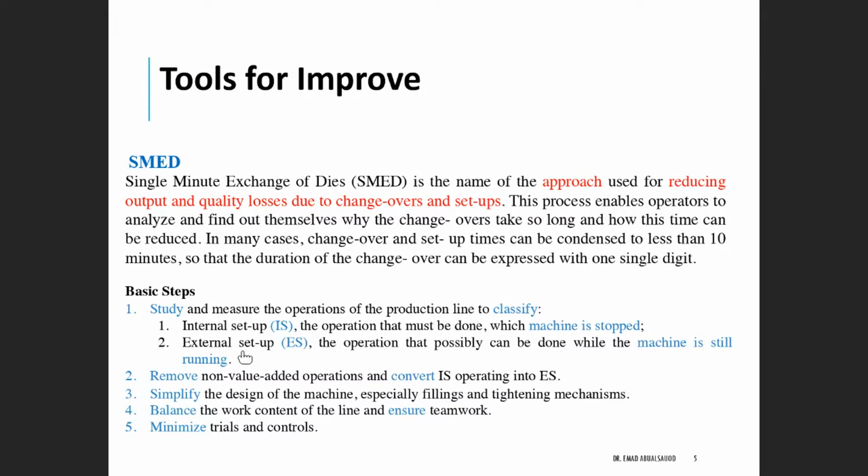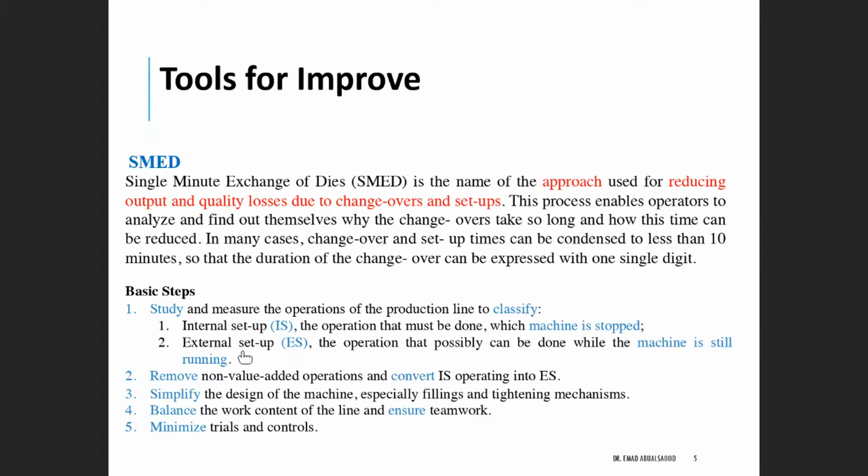The internal things, you have to do while you shut off the machine, you stop the production line, and you proceed to do them. The external, you can do while it's working. So if you think about it, a long internal setup will reduce your productivity, while the external setup will not affect your productivity. You can still produce while those setups are conducted.